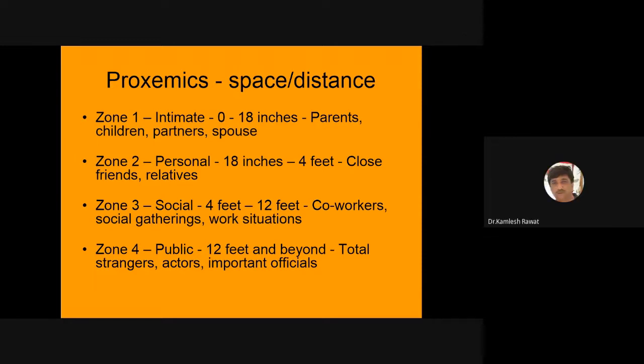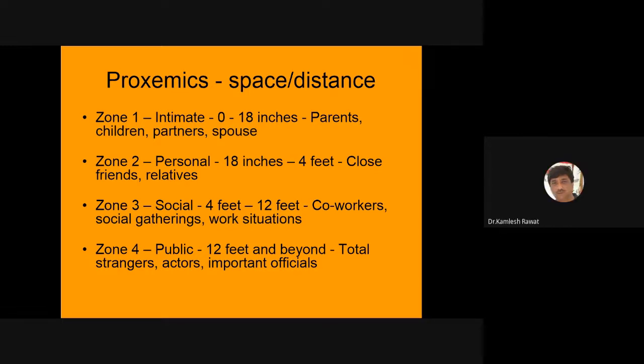Nobody needs to do it deliberately. When you meet somebody new, you are at a distance with that person. And the people who are very close to you, the ones whom you know very well, automatically you go close to each other, right? So the experts have divided this spacing into zones.